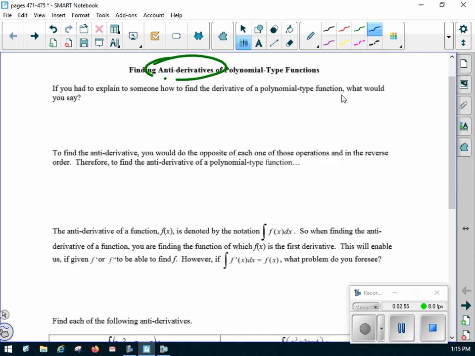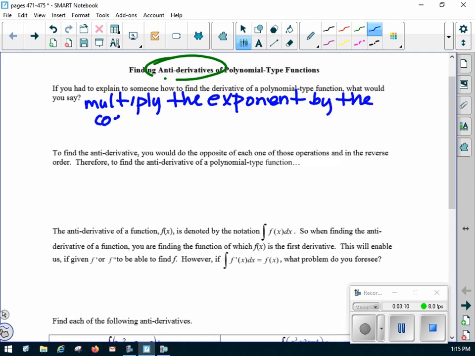So what you said was, and you can write this down, multiply the exponent by the coefficient. And then what did you say?